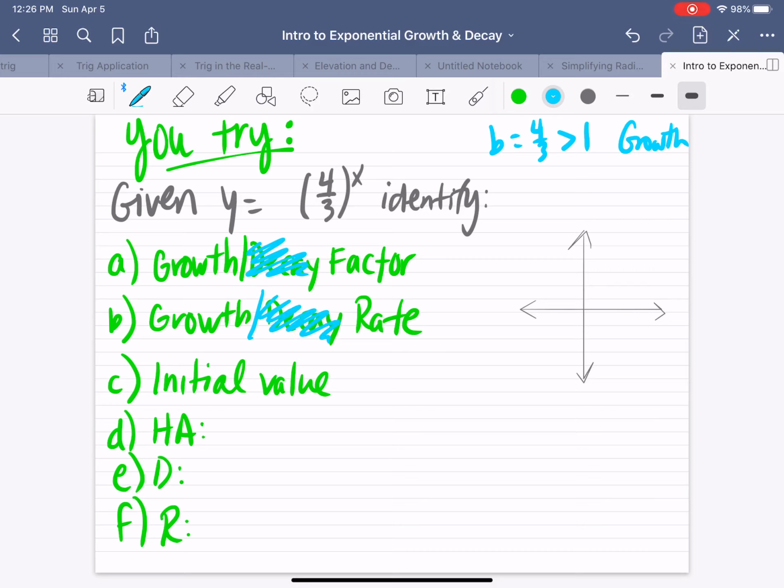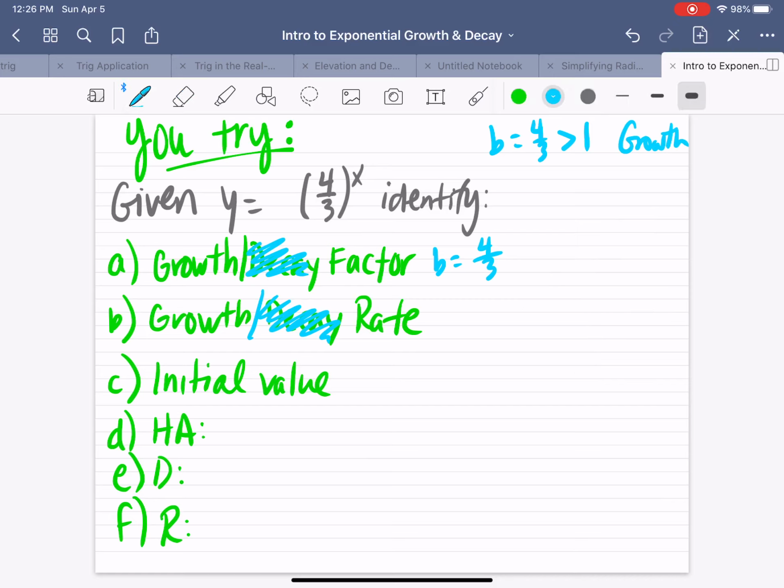Now, let's find the growth factor. Remember, the growth factor is basically the b. So the b is equal to 4 divided by 3. Now, the growth rate. Remember, to get the growth rate, you have to make a little equation first. Let me erase this real quick.